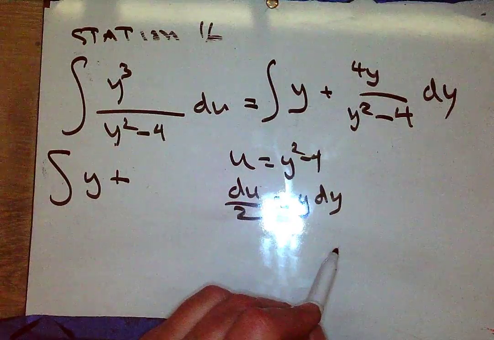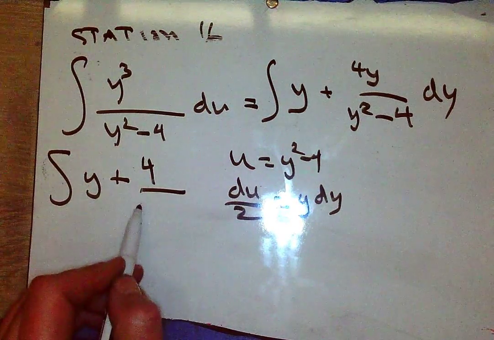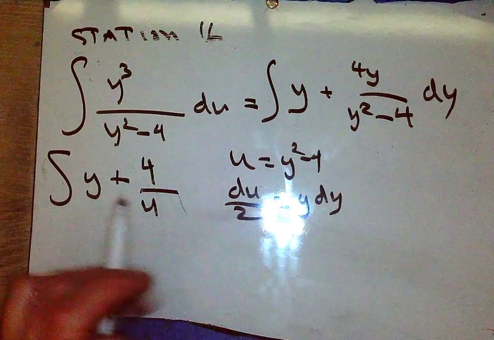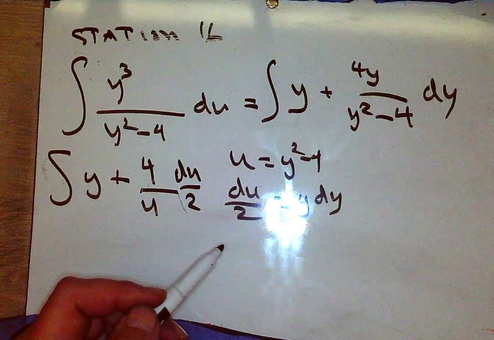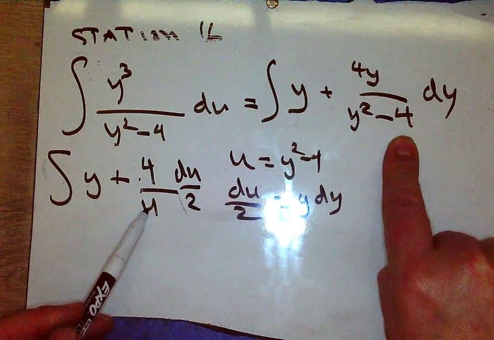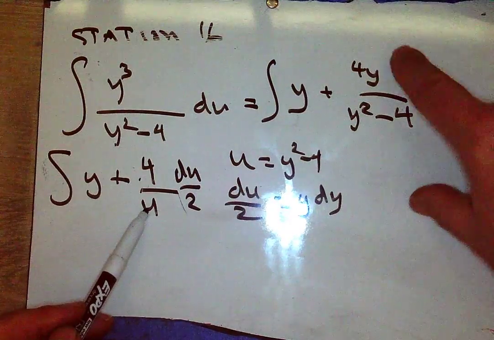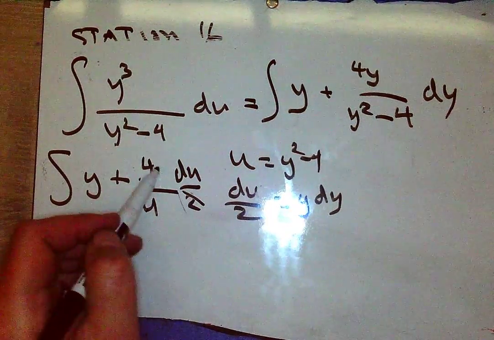So I've got that 4, and that u, and that du over 2. I think that works. This 4 is here. This is u dy, y dy is du over 2. Oh, that's good. This with this.